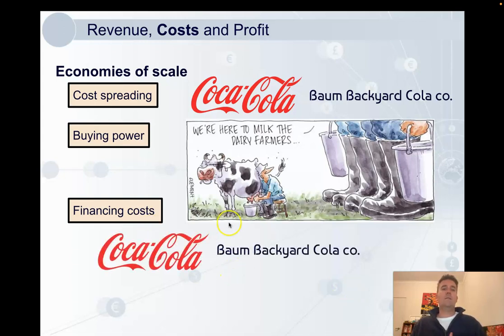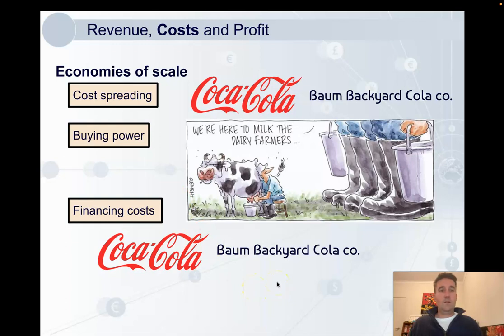Who would a bank rather lend money to? It's going to be Coca-Cola, right? As a much larger operation, they have much less risk of defaulting on their loans, and therefore the bank is likely to offer them a lower interest rate. So it's another advantage of being big, another saving of being big.